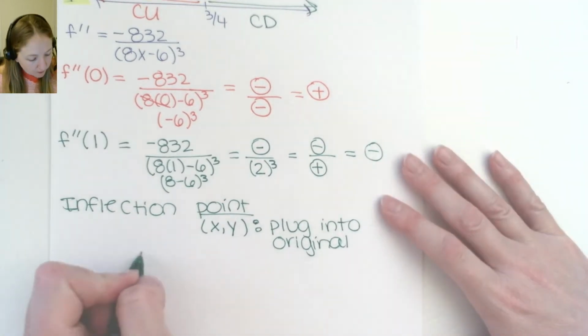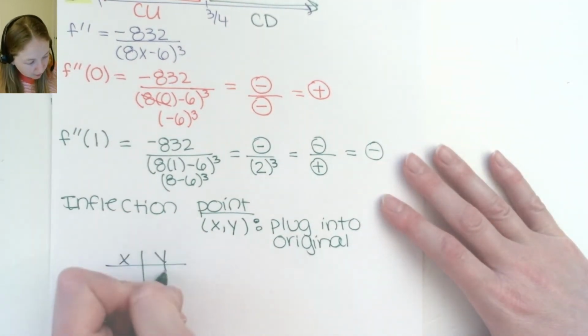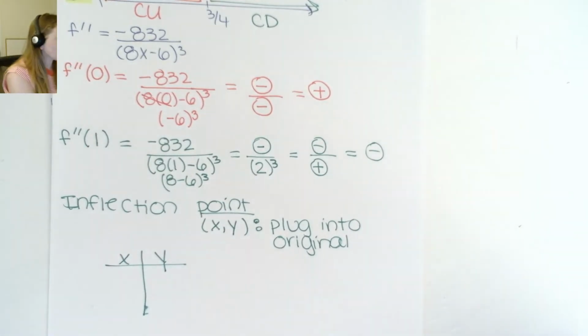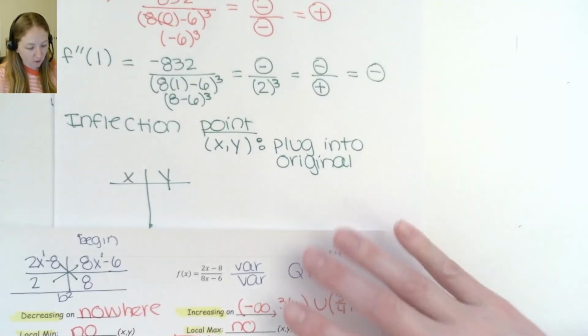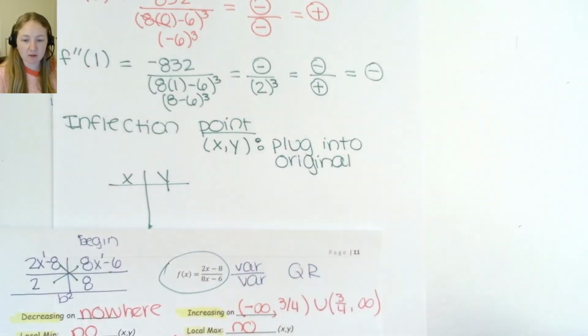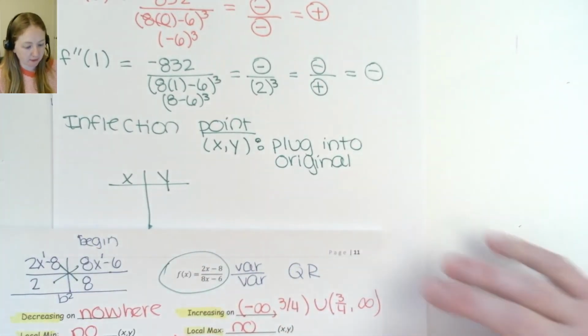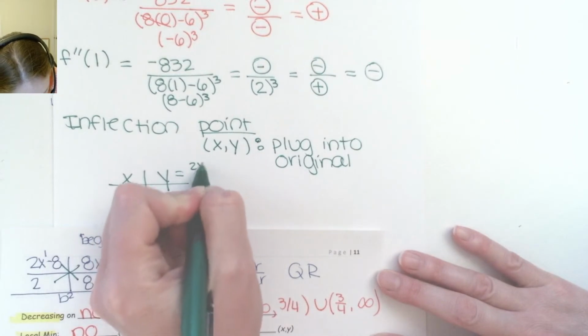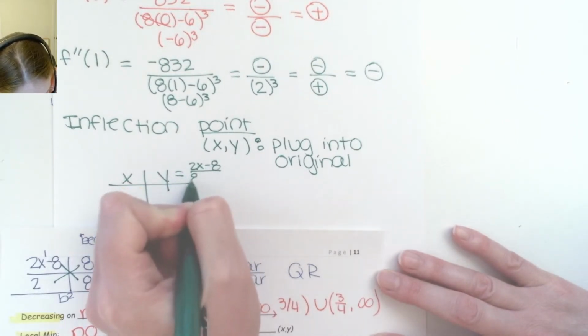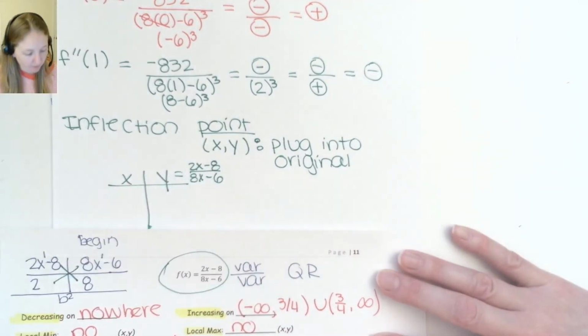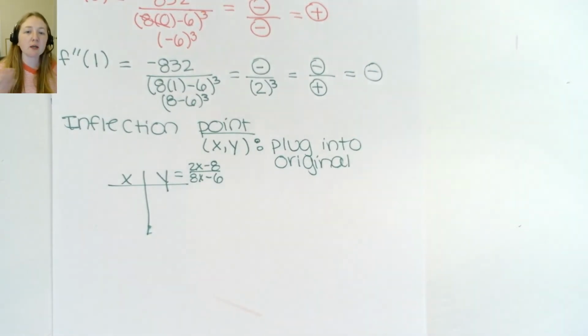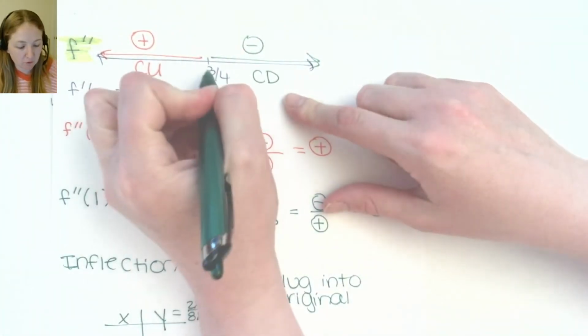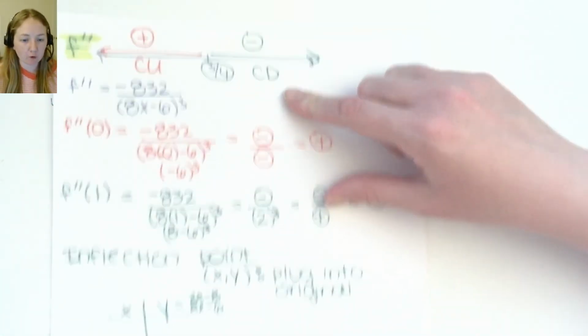But when we go to our original function, which was such a long time ago, but our original function was this 2x minus 8 over 8x minus 6. So I'll write that here, 2x minus 8 over 8x minus 6. Okay, so that's my original function. I'm thinking that this 3/4 is an inflection point for us.